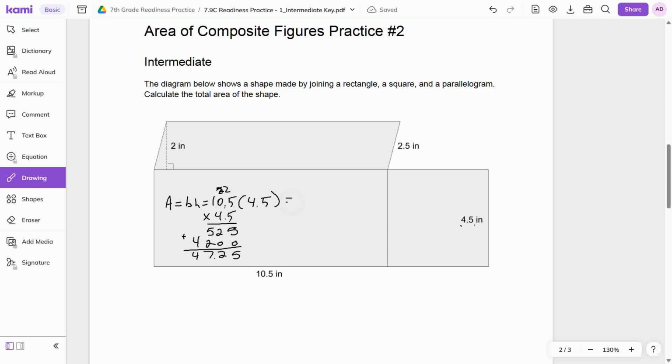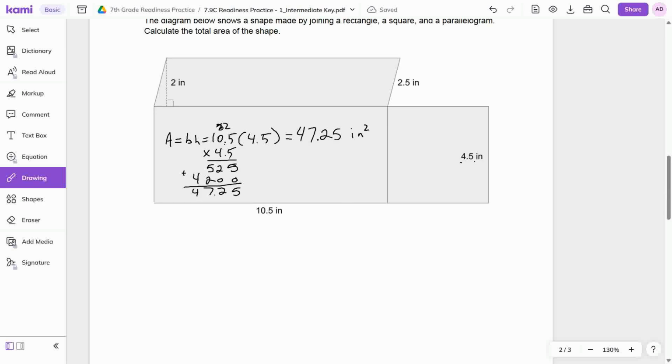So that is going to equal 47.25. And we are dealing with inches, so let's put inches squared. So I'm going to put that there, and then I'm also going to put this down here because I'm just going to end up needing to add all of these together. So let's just go ahead and start making this giant row.